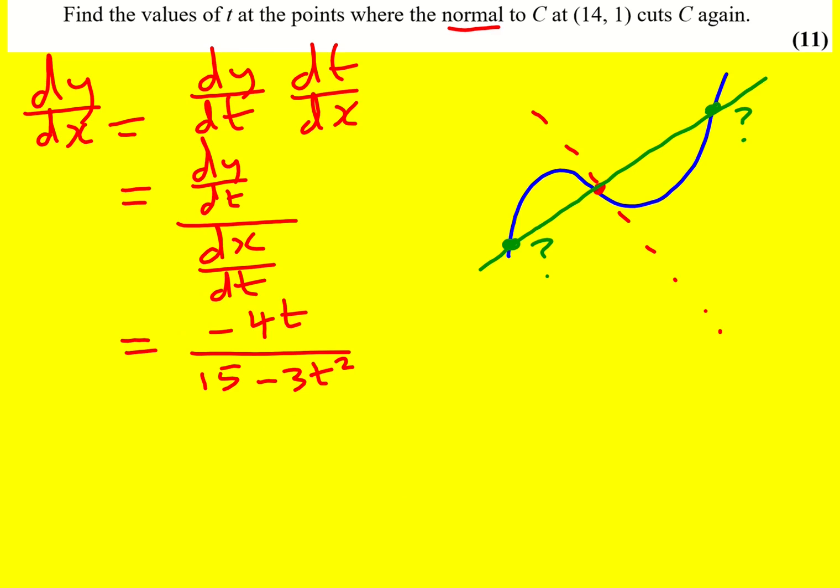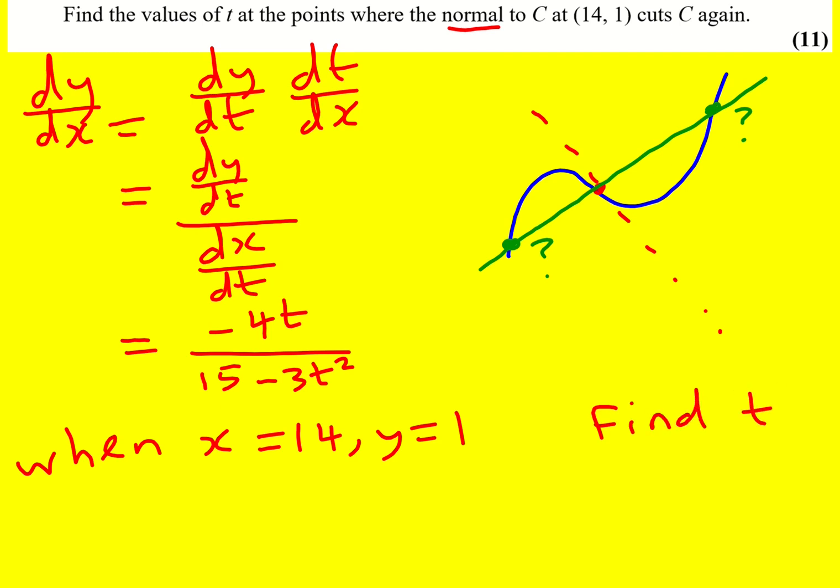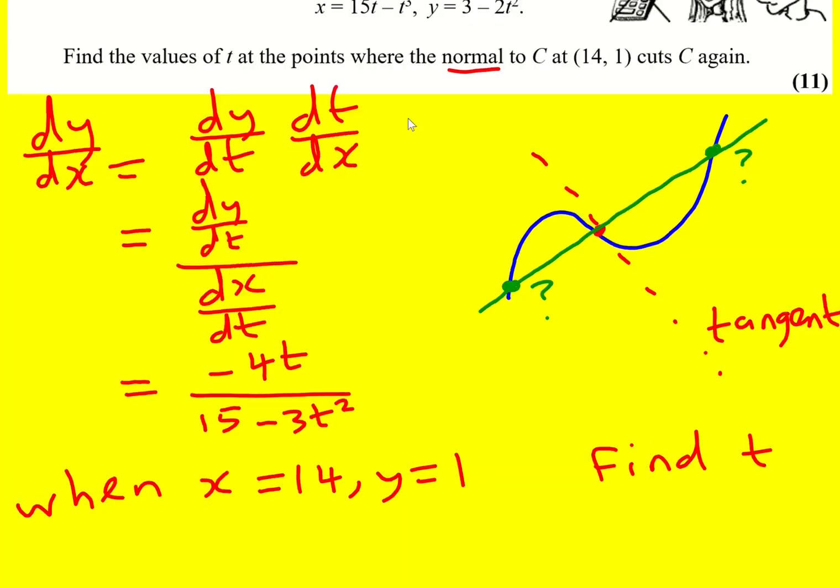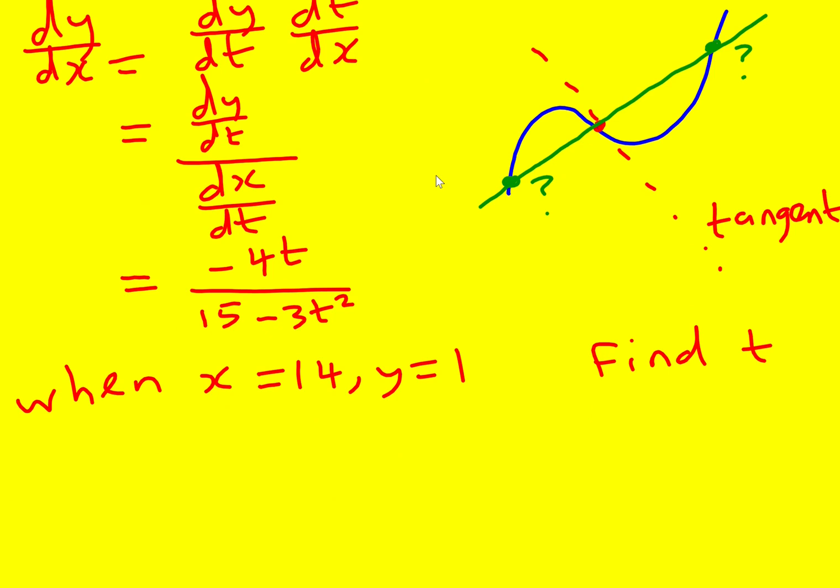So now we need to look at this point when x is equal to 14, y is equal to 1, and we need to find the value of t because we want the gradient of this tangent. We can do that by substituting in, so we're going to get that 14 is equal to 15t minus t cubed.